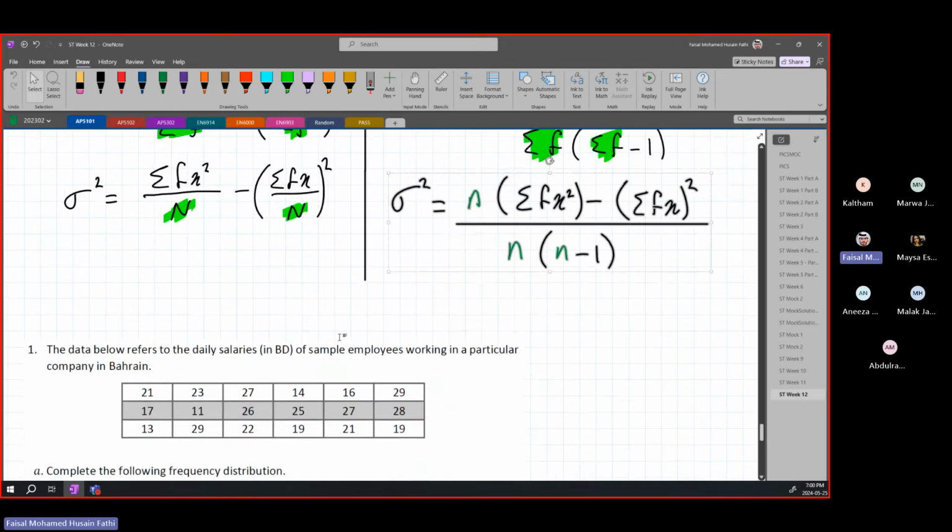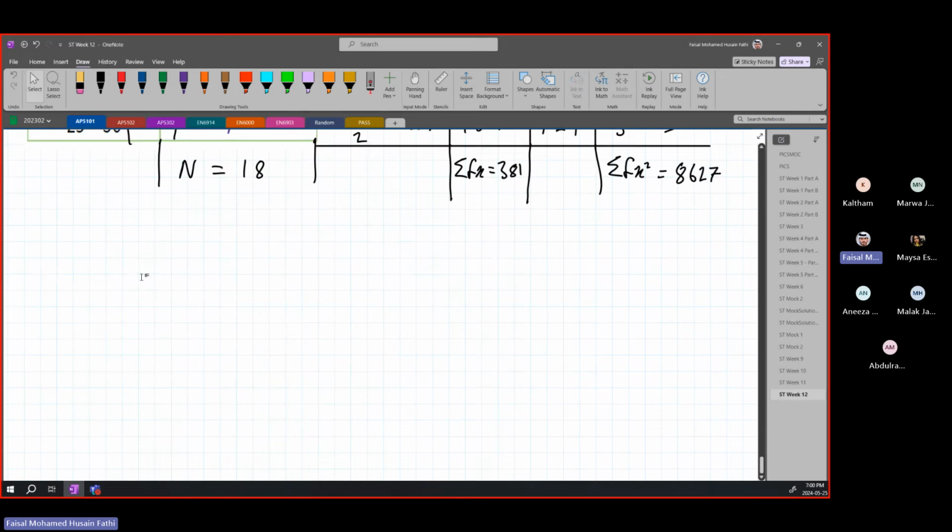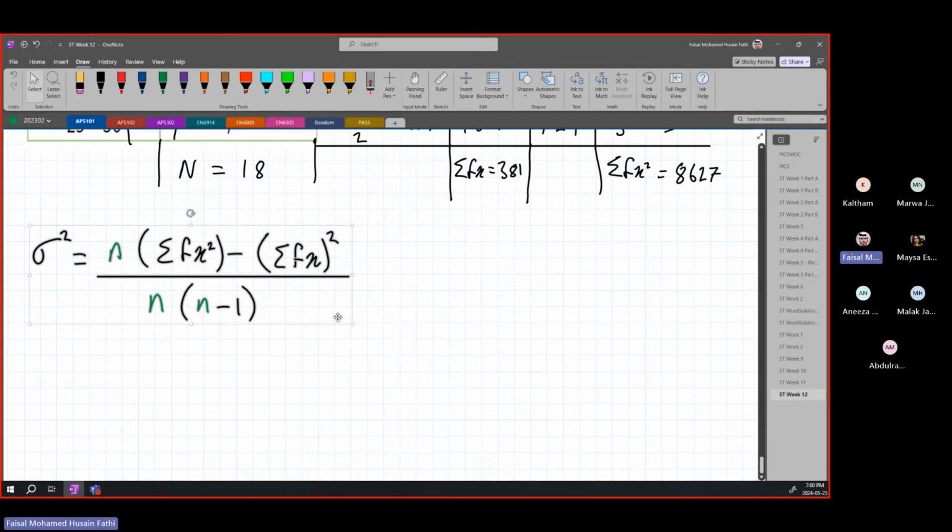Now that we have found all the values we want, since we are dealing with sample variance, the question wanted sample variance, we're going to apply our sample variance equation over here.